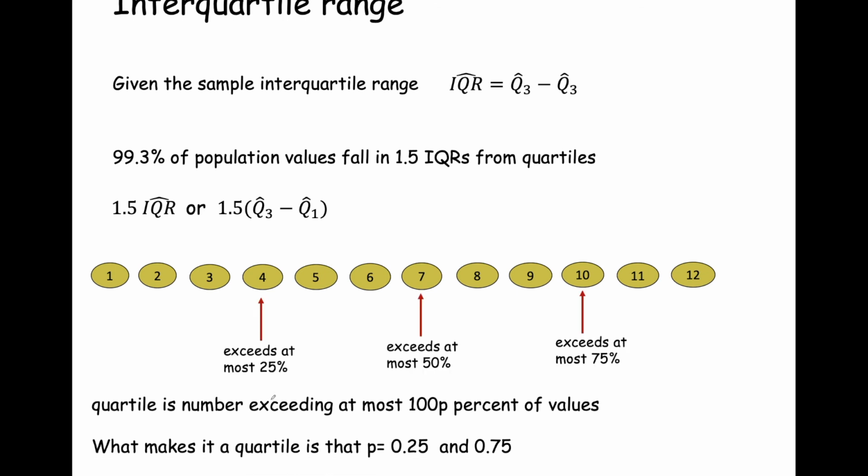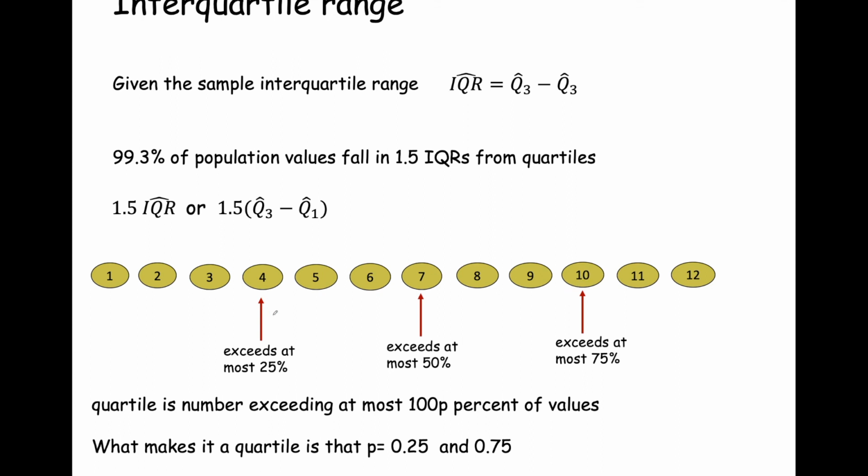So the first quartile exceeds at most 25% of the measurements, that would be 4. The second quartile exceeds at most 50%, so 50% of 12 is 6, that would be 7. The third quartile exceeds at most 75%, 75% of 12 is 9, so we mark 10 as the 75th percentile.